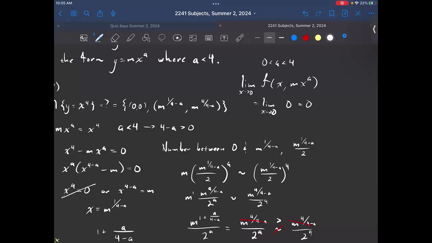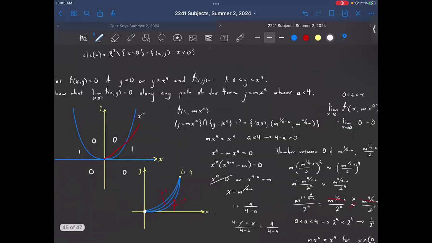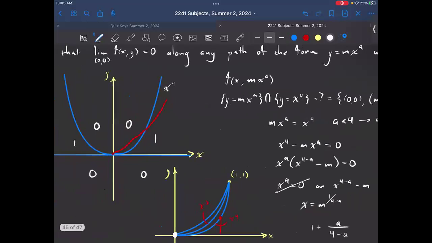And that's 0. Okay, but then this function is discontinuous. So we've shown that this path gives us a limit of 0, and that this whole class of paths gives us limits of 0.